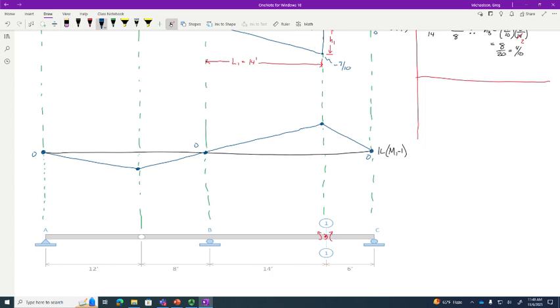And then how do we get that height right there? How do we get this height? How do we get that?